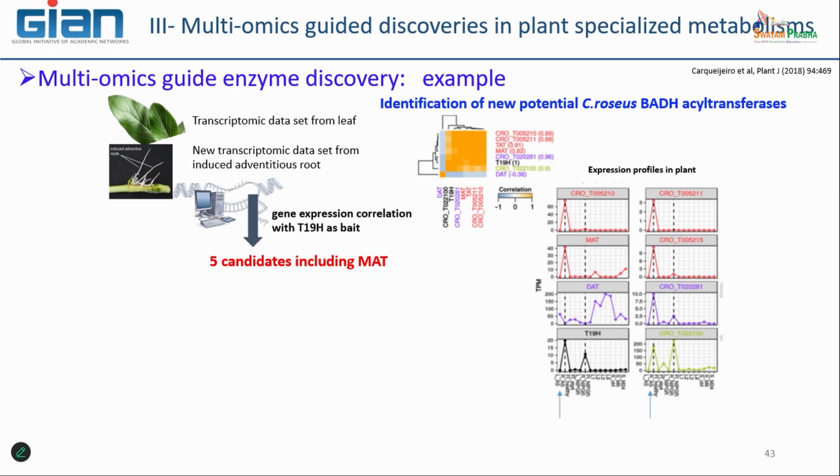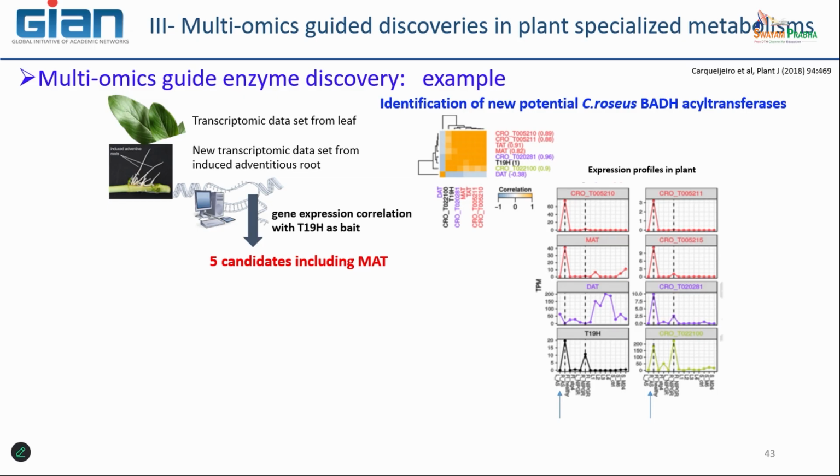We tested different parts of the plant. You can see here flower, stem, leaf, and roots. I have indicated here 2 roots. What you can see is that effectively the bait gene is expressed in roots, but also MAT, which was the second one we found, so it's okay.